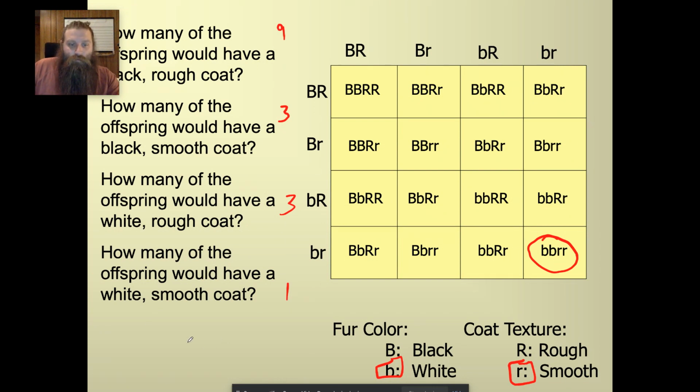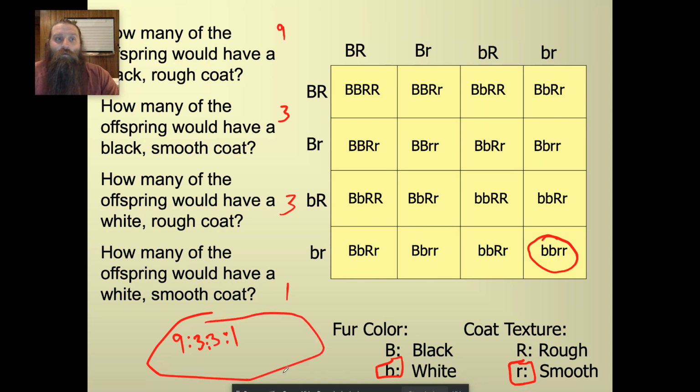Now, this 9:3:3:1 ratio is always what we find when we cross 2 dihybrids. So remember, the parents were big B, little b, big R, little r, and big B, little b, big R, little r.